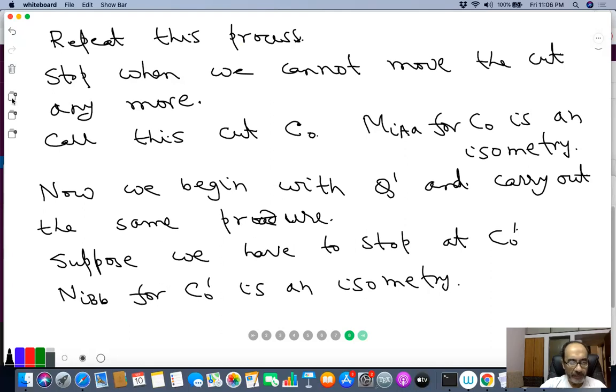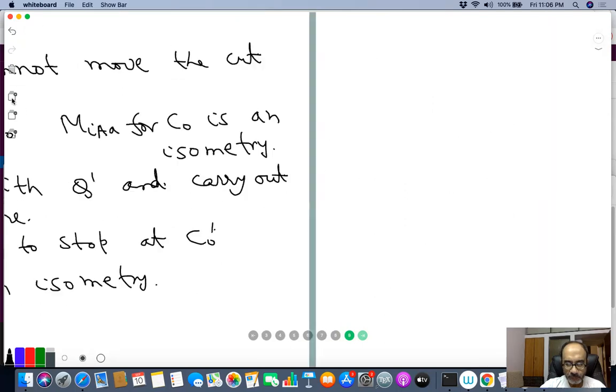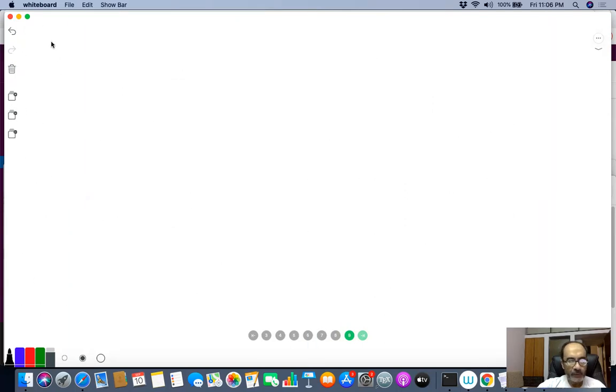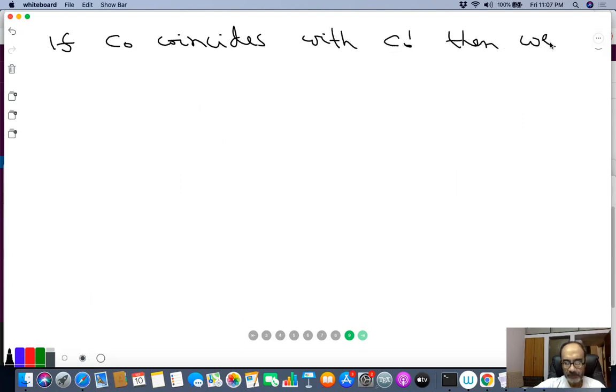So now comes the main point. If C naught coincides with C naught prime, then we are done, because then we have got a cut for which both M and N are isometries.